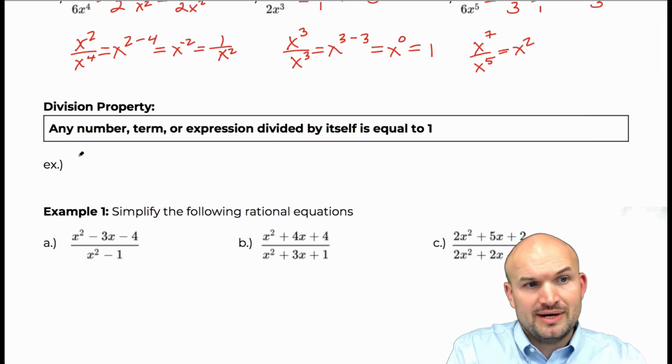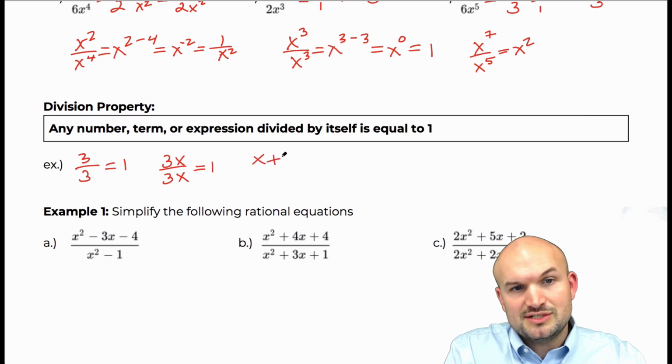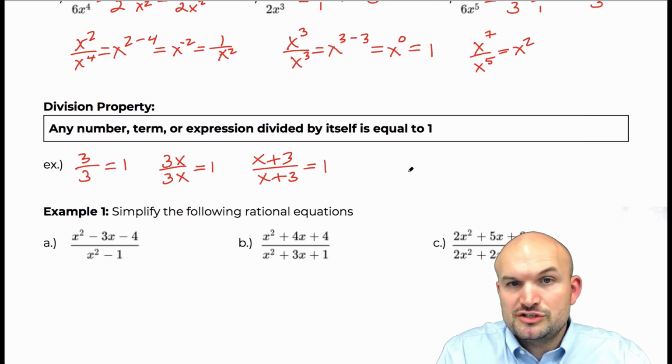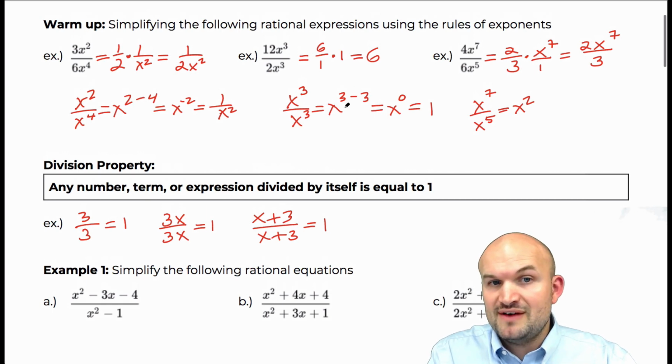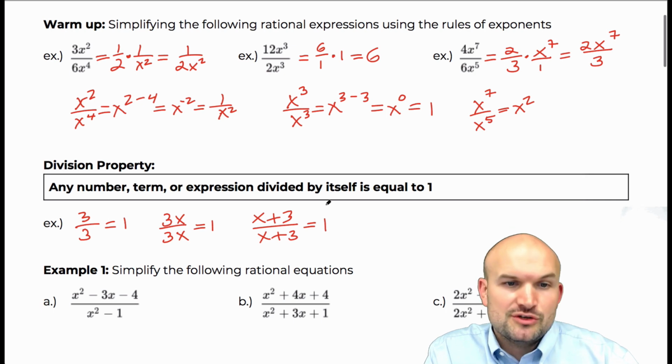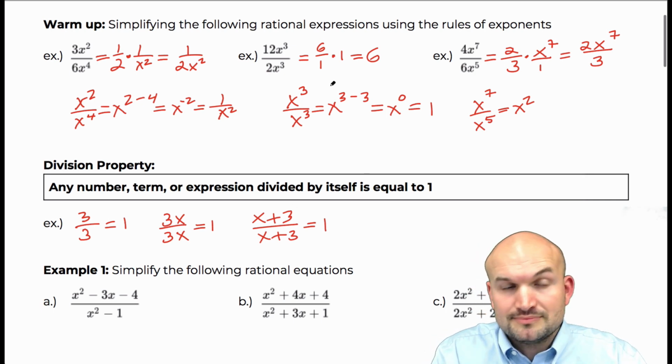For example, 3 divided by 3 equals 1. If I had 3x divided by 3x, that equals 1. If I have x plus 3 divided by x plus 3, that also equals 1. So you can see why x cubed divided by x cubed went to 1. We used the rules of exponents to explain that, but you could also use the division property to say that it's equal to 1.